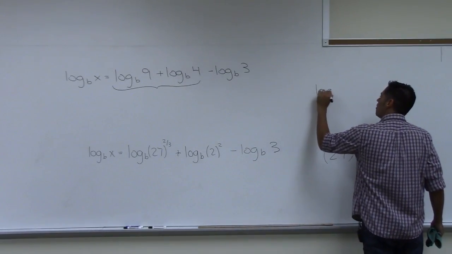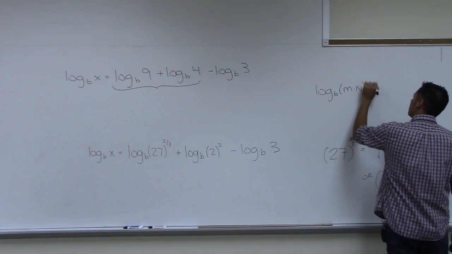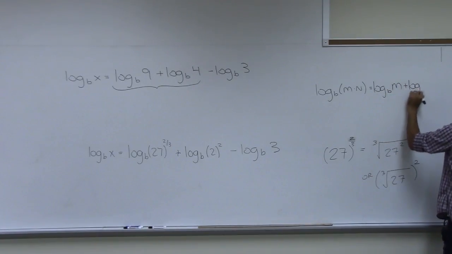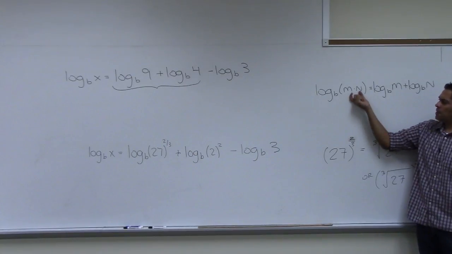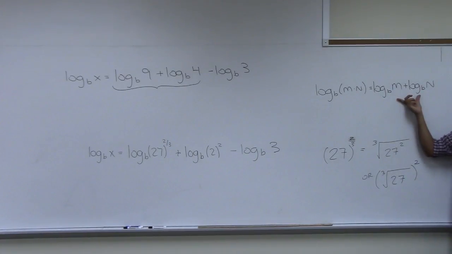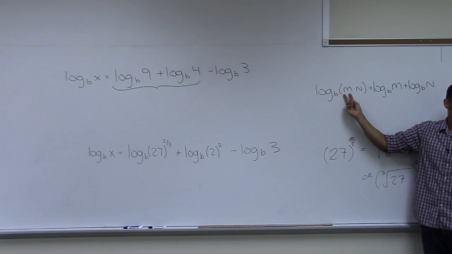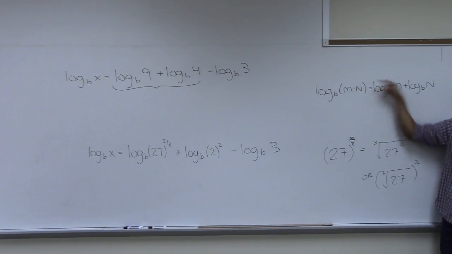Property 5 said log base b of m times n is equal to log base b of m plus log base b of n. So if you had one log with multiplication, you could split it into 2 logs. Or the other way is if you have 2 logs with addition, you can put it into 1 log with multiplication. So I'm going to use this property this direction, from the right to the left.